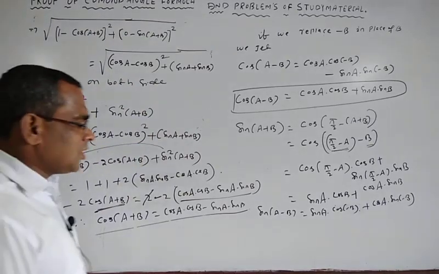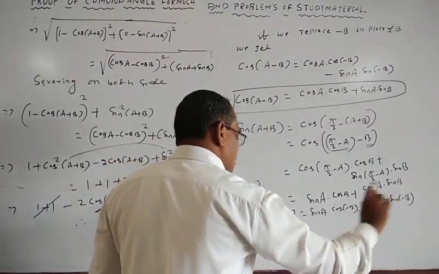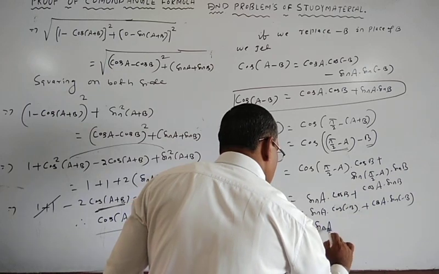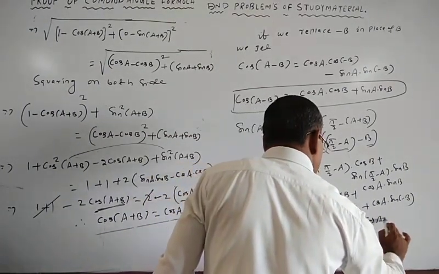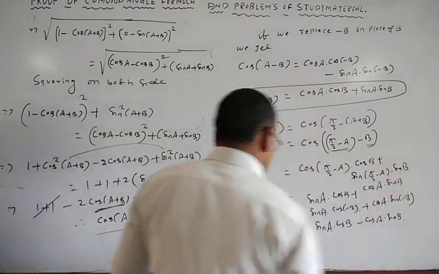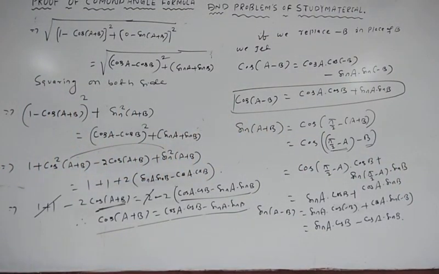But cos of minus b is equal to cos b, and sin of minus b is equal to minus sin b. So this is equal to sin a cos b minus cos a sin b. So sin of (a minus b) is equal to sin a cos b minus cos a sin b. Okay.